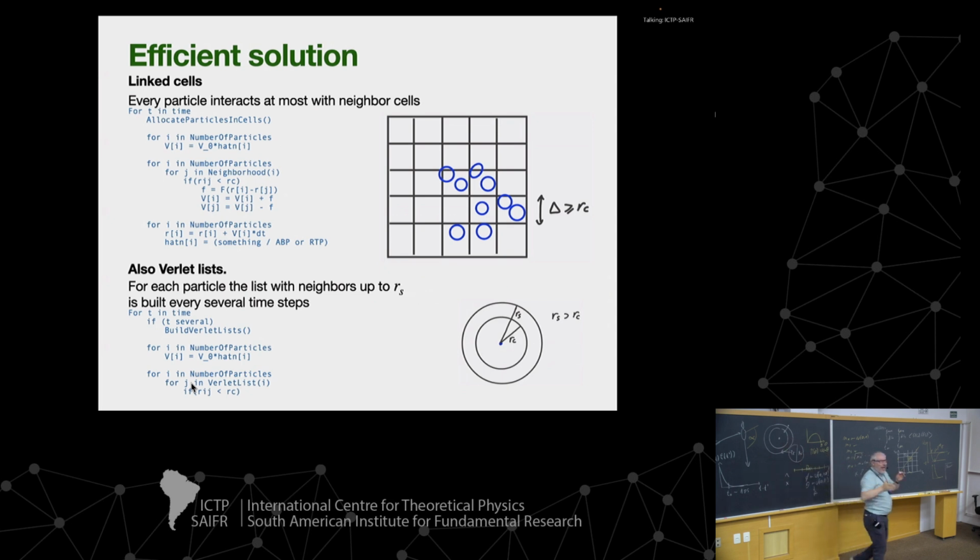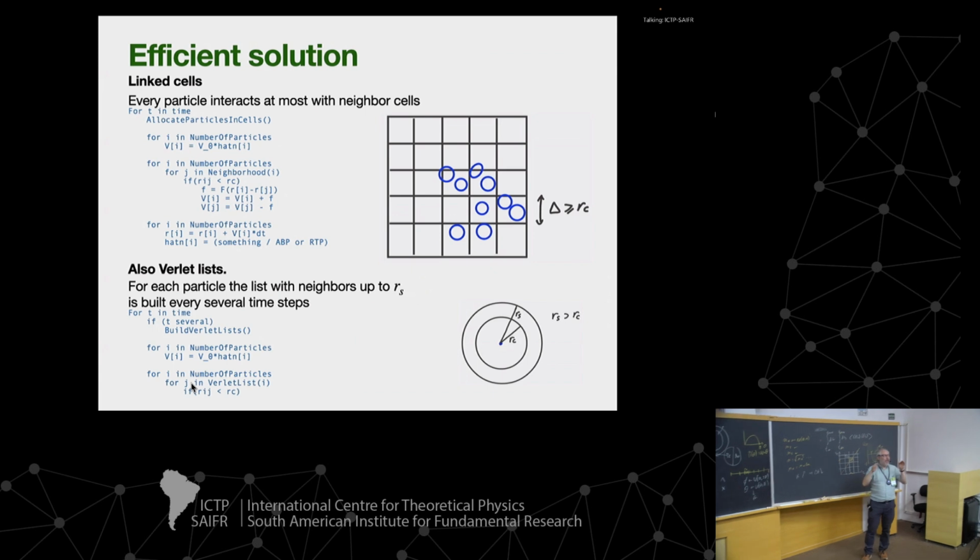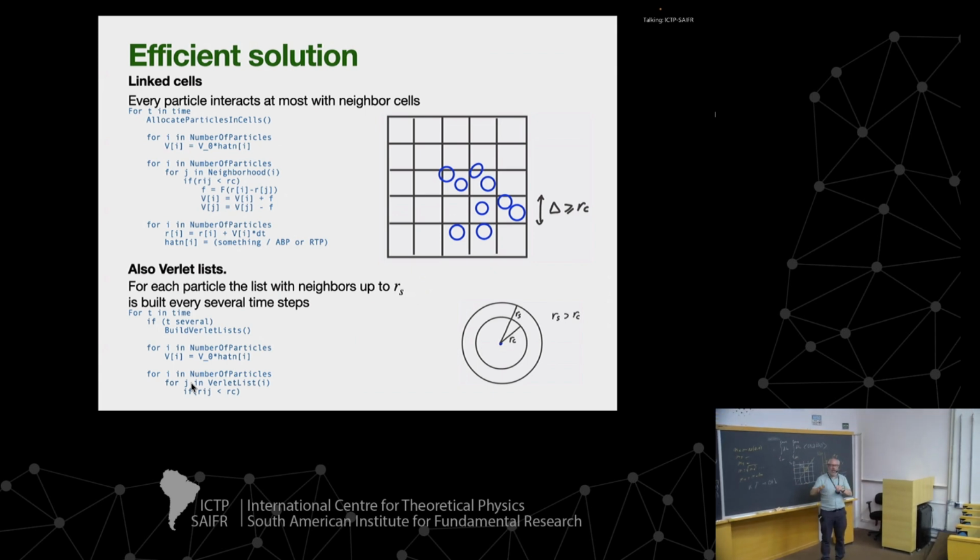It was optimized for Lennard-Jones in thermal cases, in equilibrium, and if you look at one of those books that I'm going to give you, it says it's convenient to use 1.1 times the interaction radius. For active Brownian particles, I don't know if it has been optimized. So try. You run the code with different skin sizes, you measure the simulation time, and you choose the best. That's the solution.